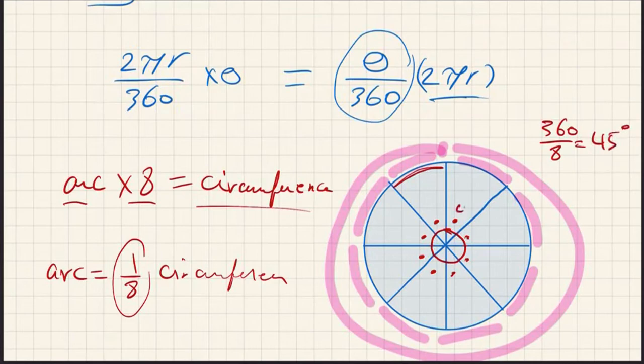This is 45 degrees, this is 45 degrees, and so on. So 1 over 8 is 45 over 360. From there I got 8.